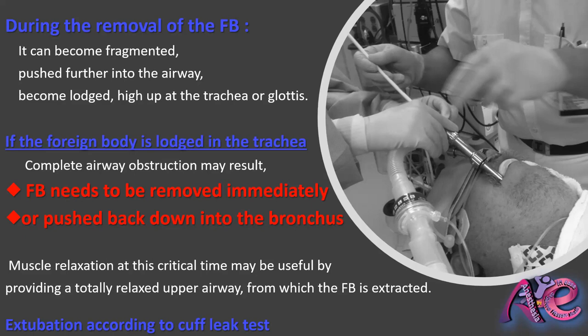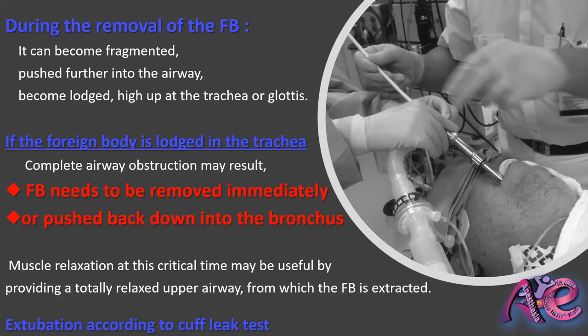This is important while anesthetizing a patient with an inhaled foreign body. You have to keep this in mind while extracting the foreign body, in case of complete airway obstruction. You have to tell the surgeon either to remove it immediately, or if it can't be removed, to push it back down into the bronchus.